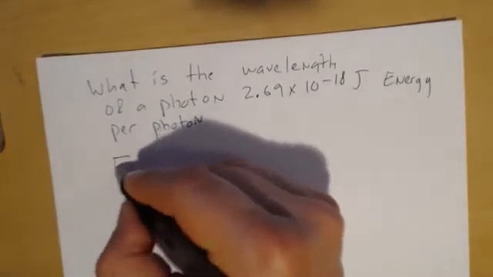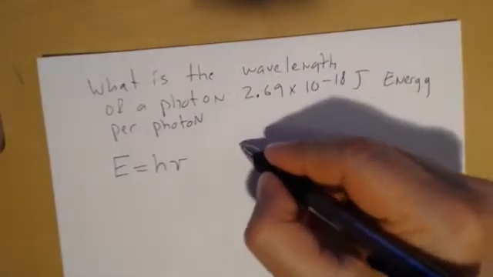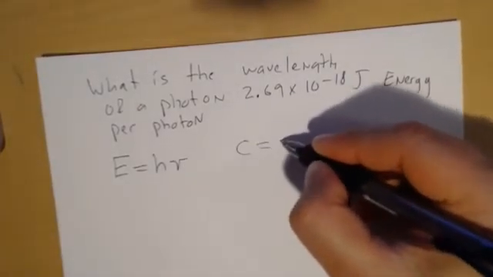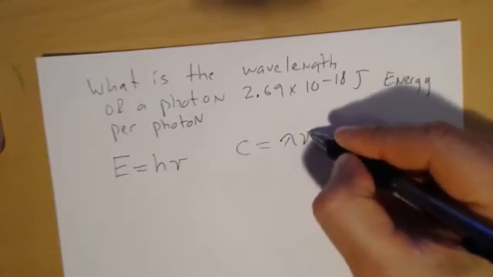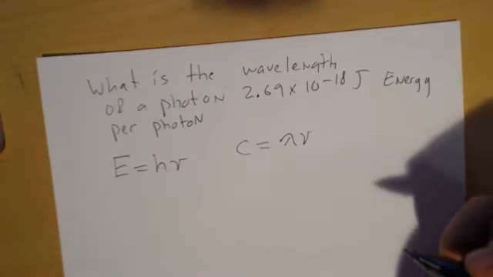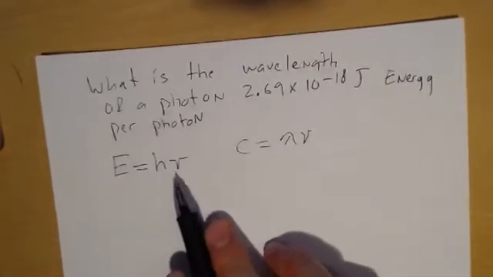So we have E is equal to h nu, and c is equal to lambda nu. Okay, and so what I can do with this one, we used this one before.